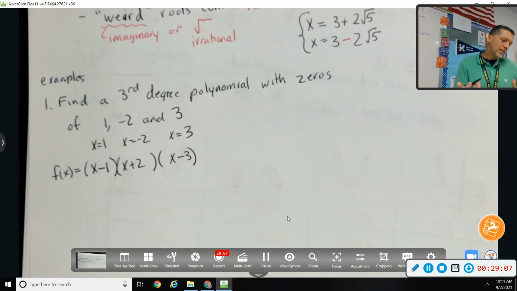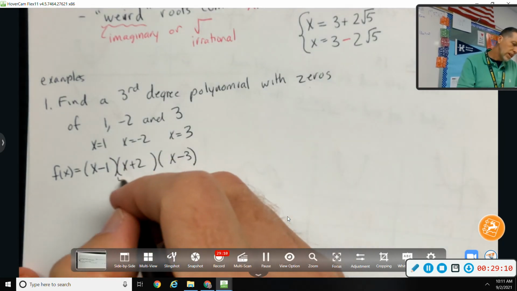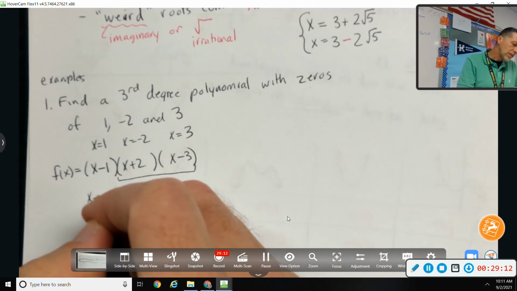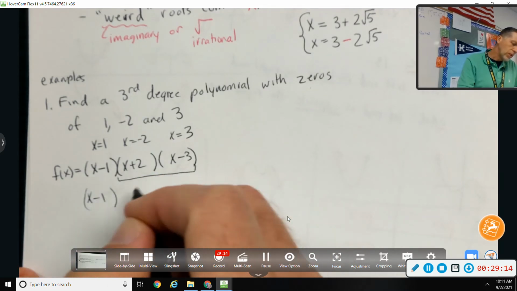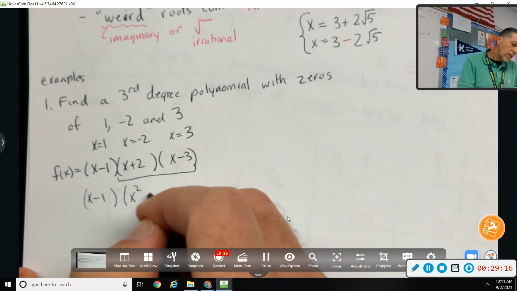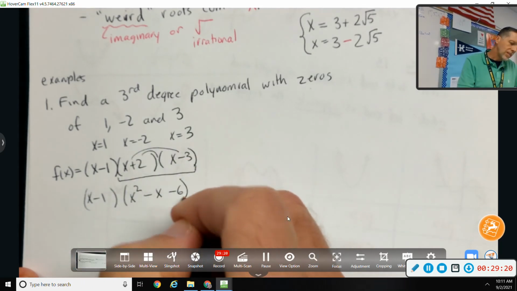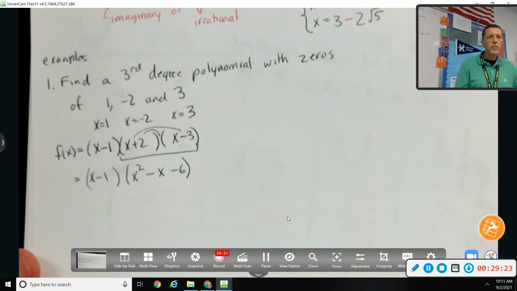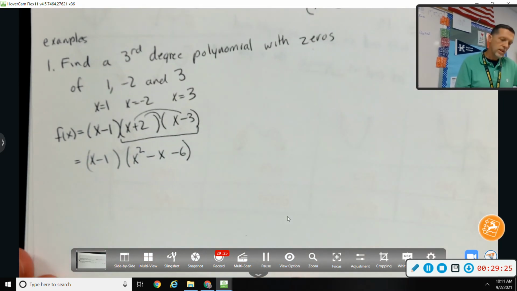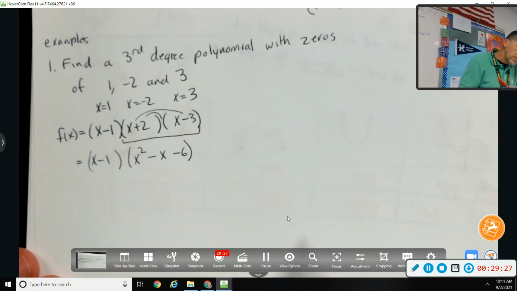It doesn't really matter which two. I can't do them all at once, so let's do x plus 2 and x minus 3. So x squared minus x minus 6. And then, here's the fun part.